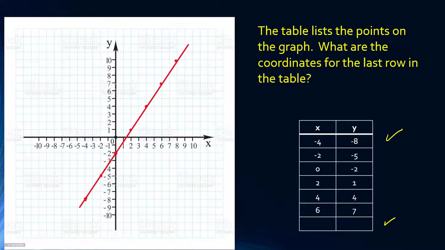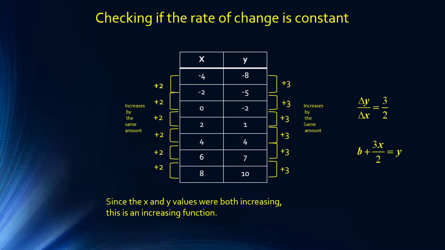You can do that either by looking at the graph or by observing a pattern in this table and just reproducing that pattern in that final row. Here's the complete table.